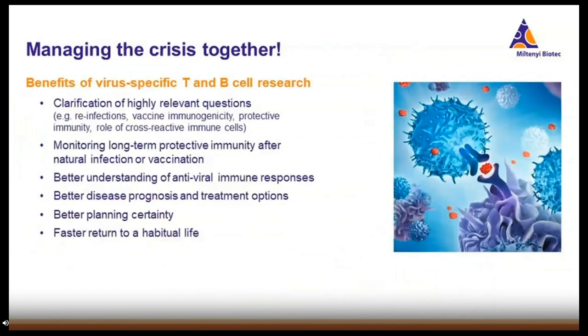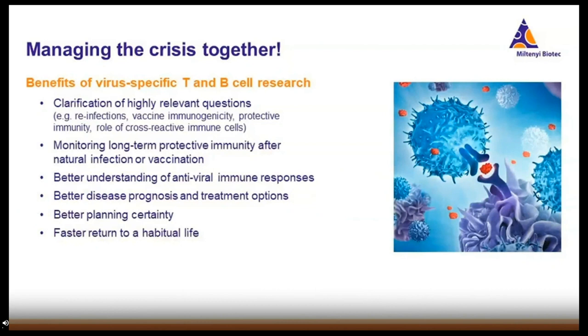So to sum up, the most important message here is that we will manage the crisis together. And there are a lot of benefits that are coming from a comprehensive virus-specific T and B cell research. For example, we can clarify highly relevant questions about reinfections, vaccines, protective immunity, also the role of cross-reactive immune cells.